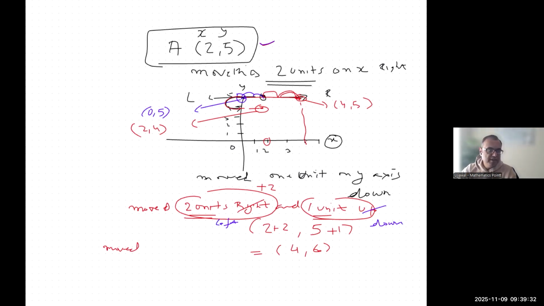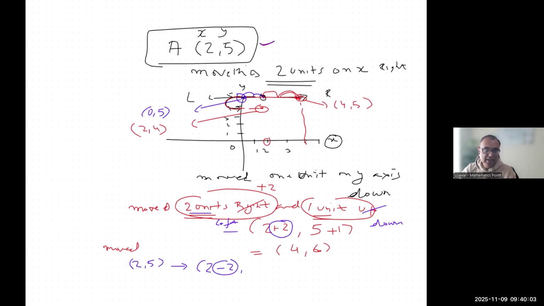So what we've done here is, to my original position 2, comma 5, I have moved 2 units left. That means 2 minus 2, comma, and it's a negative 2 now. You see here, negative 2 and positive 2. When you're moving left, it is negative, you're decreasing. When you're moving right, it is increasing. And 1 unit down.